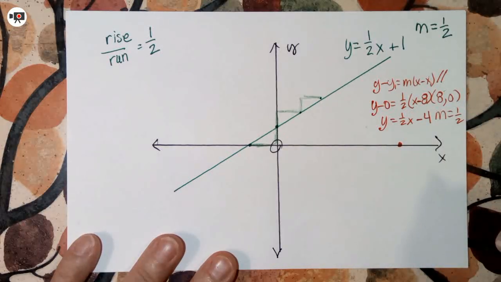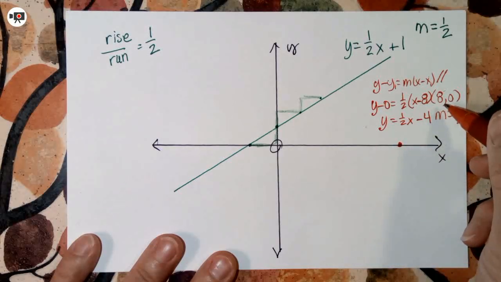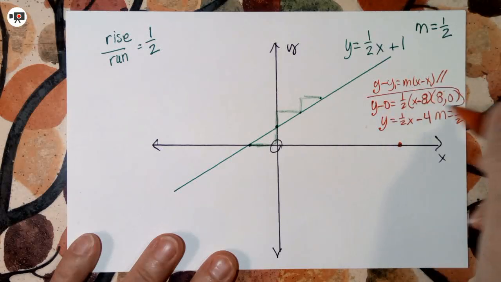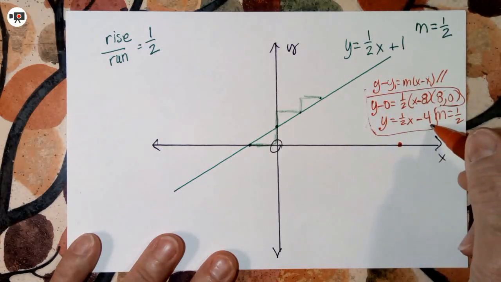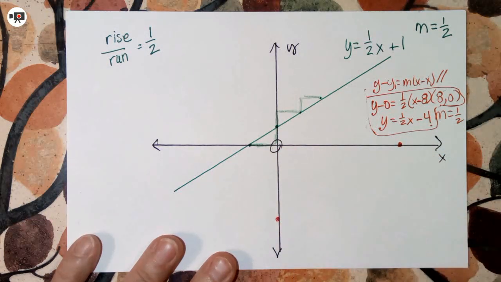Okay? So now we know it's going to go through this point because we wrote the line so it goes through that point. So we're pretty sure it goes through that point. Is there another point here that's handy? Yes, indeed, there is. We have the y-intercept. So we can count down 4. Let's say that's going to be somewhere around in here.